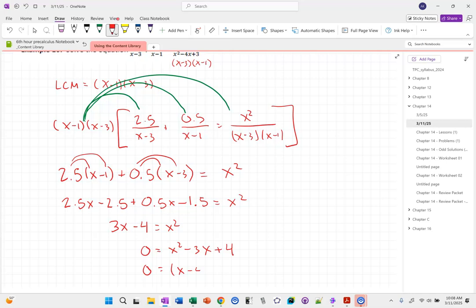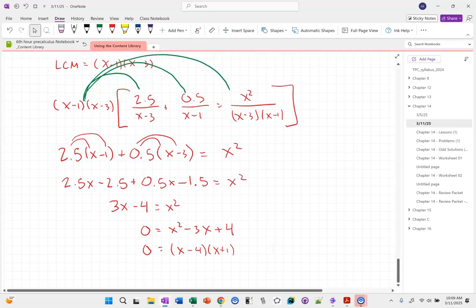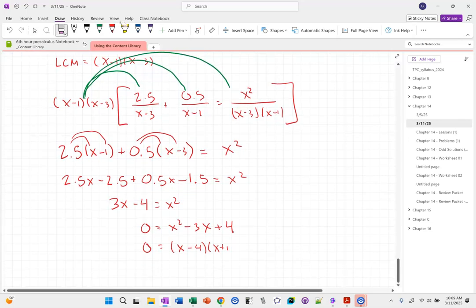So here I get... okay, so multiply, it gives me negative 4 and positive 1, right? Oh no, that gives me nothing, right?